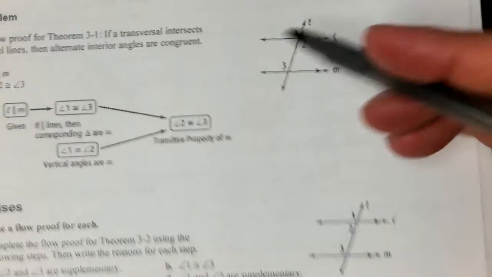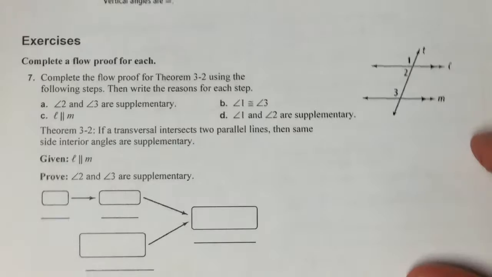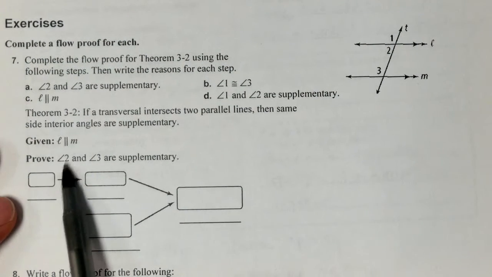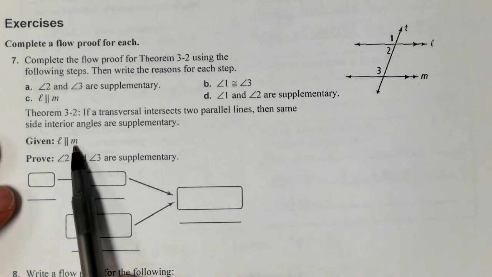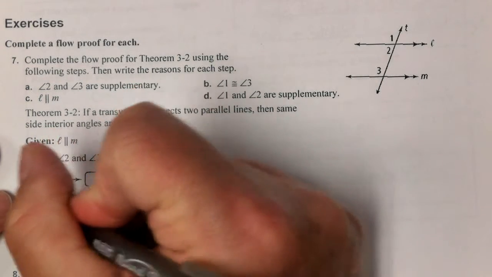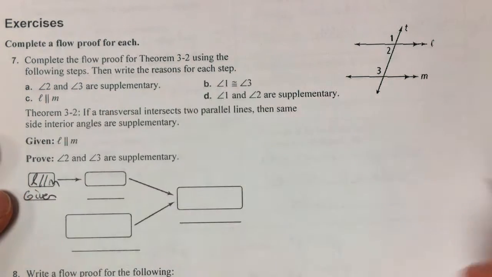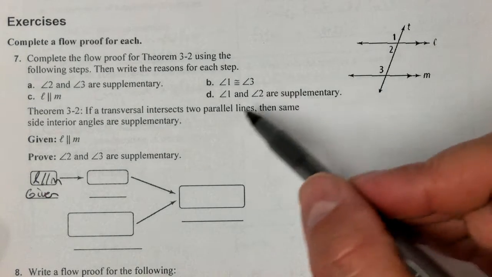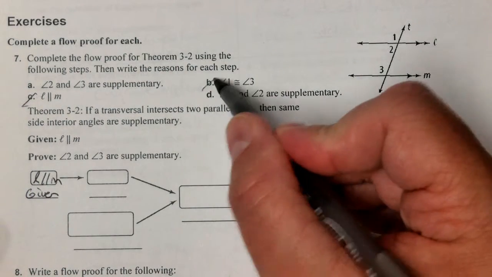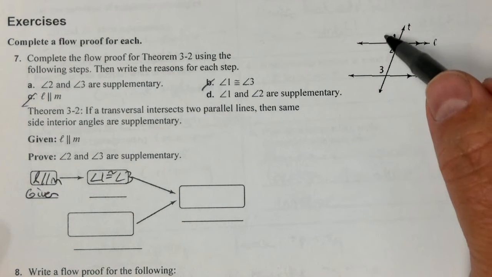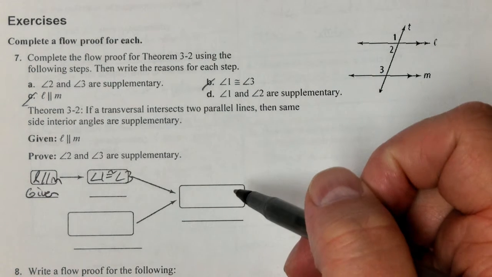The next part has your sample problem, and then this part. So what we're doing to start with is being given L is parallel to M, so that's what we put here. So that's L parallel to M is given. The next thing is we need to use angle 1 congruent to angle 3, which is corresponding.